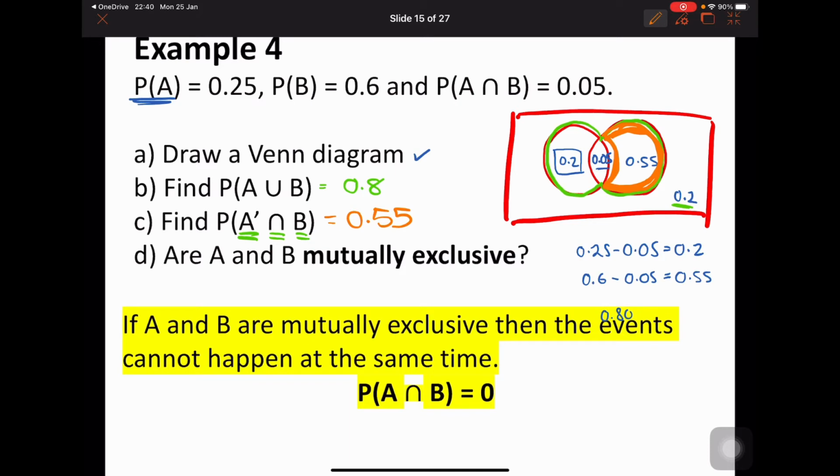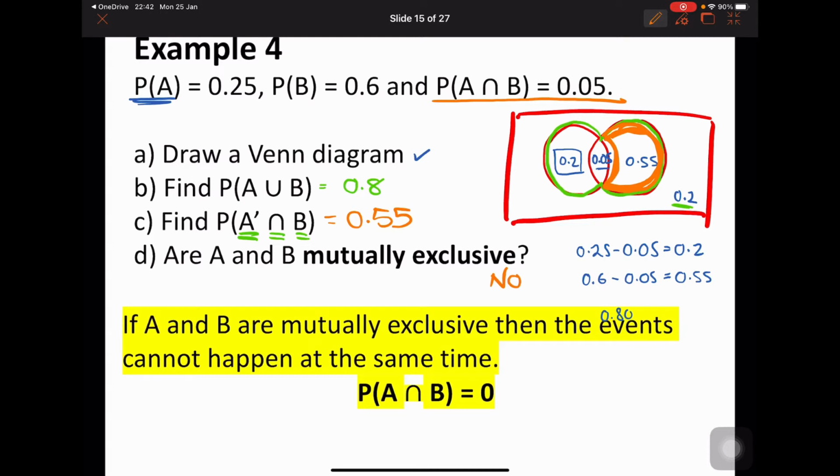Are A and B mutually exclusive? If A and B are mutually exclusive, then the events cannot happen at the same time. So in this case, they are not mutually exclusive because probability of A and B is not 0. Probability of A and B is 0.05.